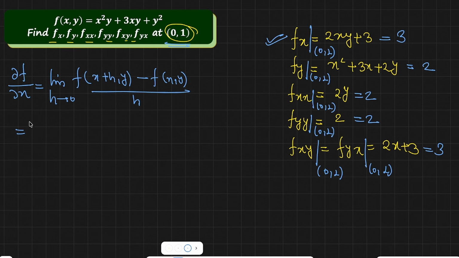So what is x plus h? You replace your x with x plus h and y stays as it is. So it is the limit as h tends to 0.